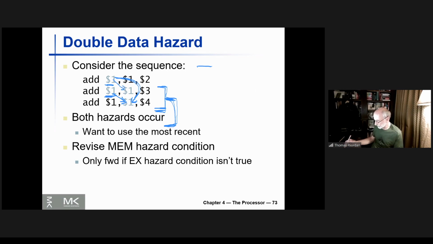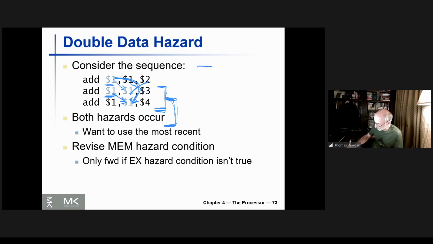So we have to choose which one we want. And of course we want the most recent one. So we don't want this to happen. So a bypass that we normally would have occurred, we're saying, oh, we have to not let that occur.